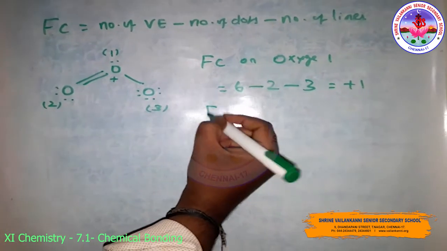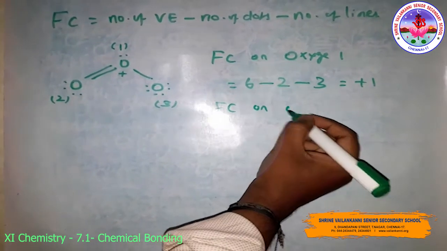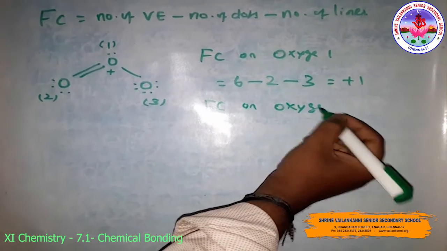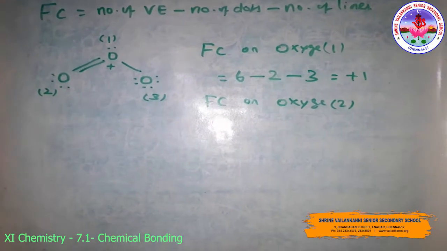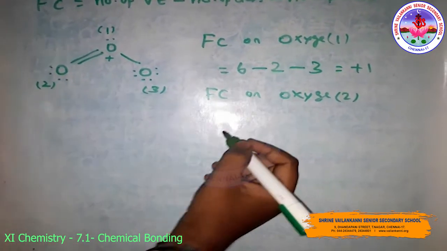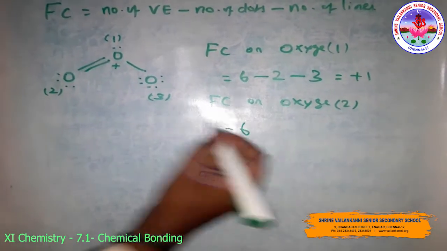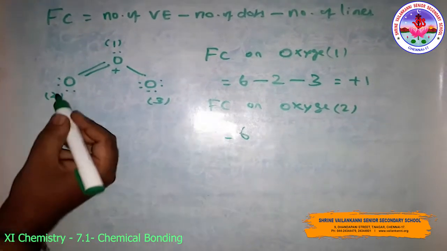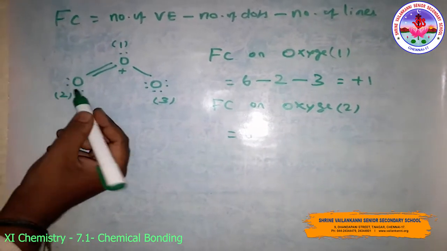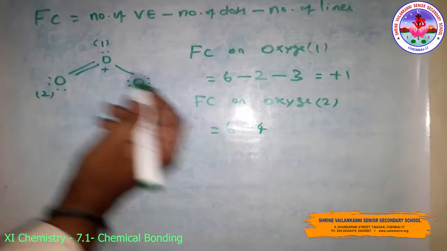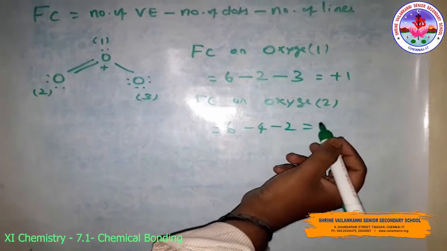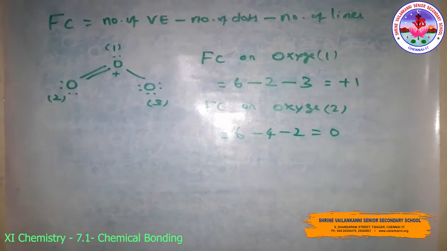Then the formal charge on the second oxygen, oxygen number 2. Valence electrons are 6, and the number of dots is 4, so minus 4. The number of lines is 2. So 6 minus 6 becomes 0.